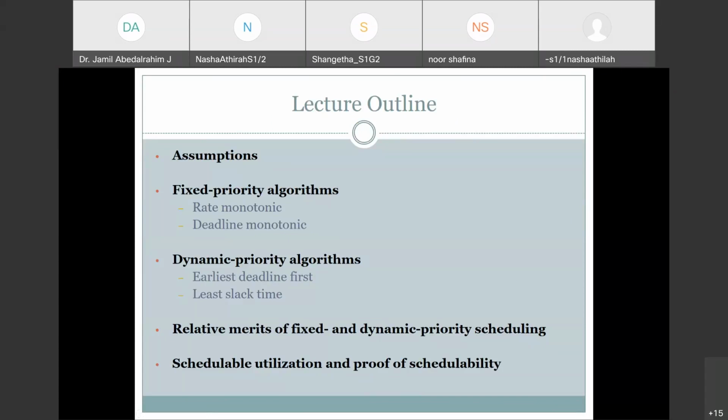We will also cover the relative merits of fixed and dynamic priority scheduling, schedulable utilization, and proof of schedulability. We will check the proof of schedulability of each type of algorithm.